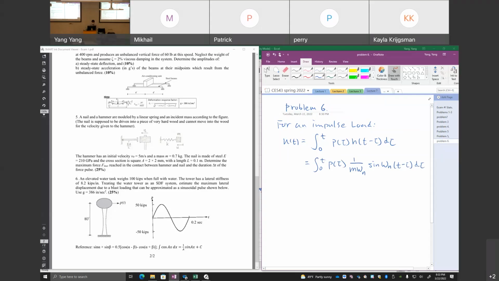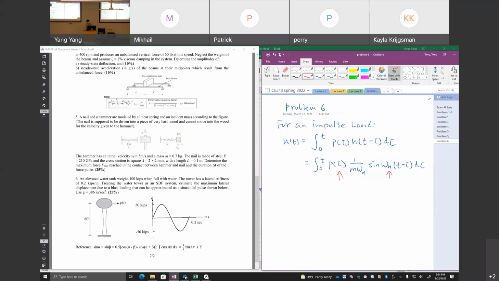So if we would like to know the response under an arbitrary force, the response of the system can be expressed in terms of the convolution integral, like this. For this problem, we just need to express what p(tau) and omega n are in our case.